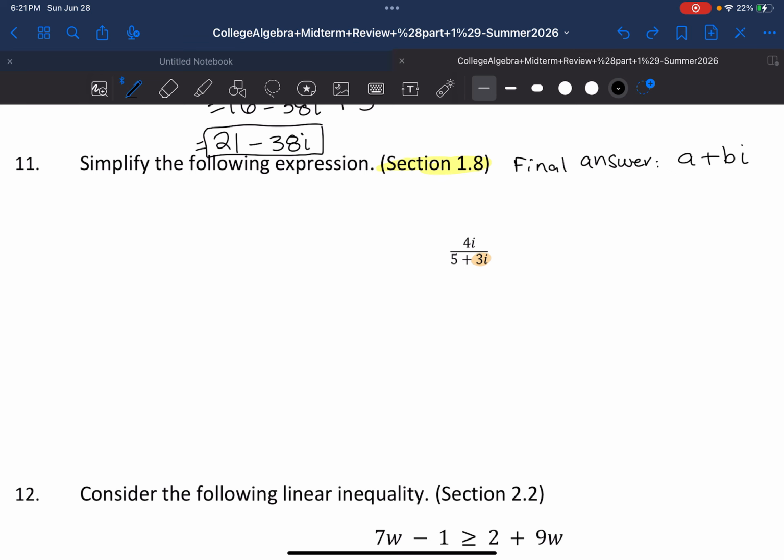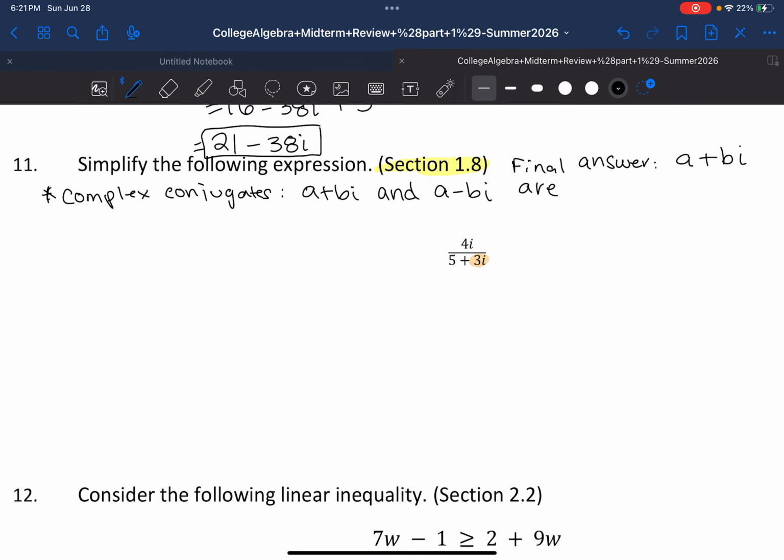So the conjugate, and it's called complex conjugates. You can also put this on your cheat sheet. If I have a plus bi and a minus bi, these are complex conjugates of each other.